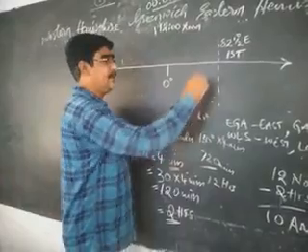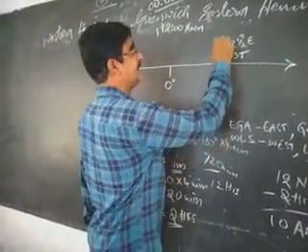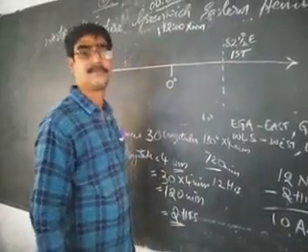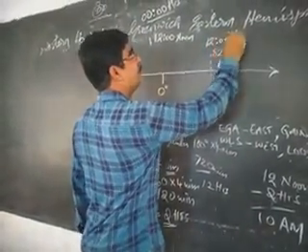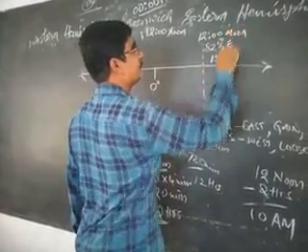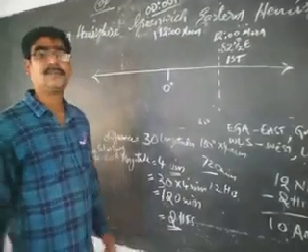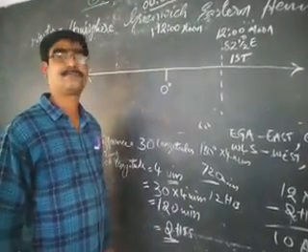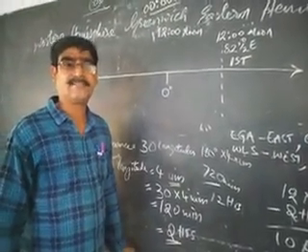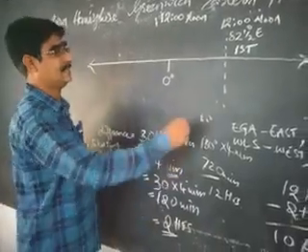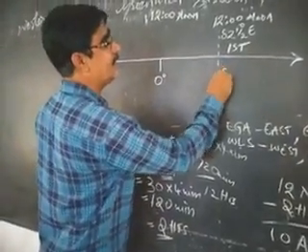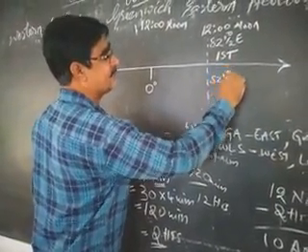The time at 82.5 degrees is given as 12 noon. Now they asked for 15 degrees west. Here it is 82.5 degrees east.